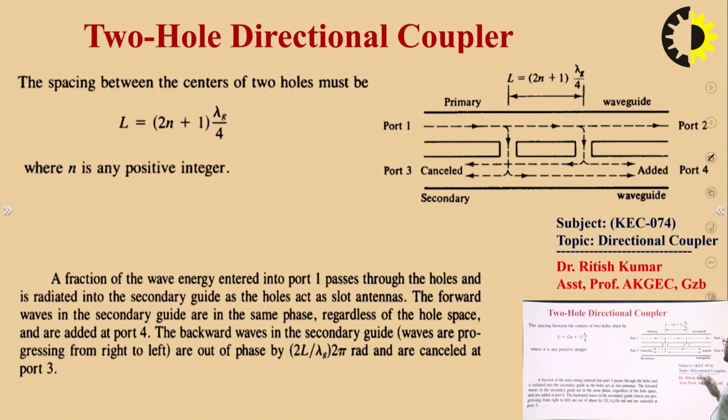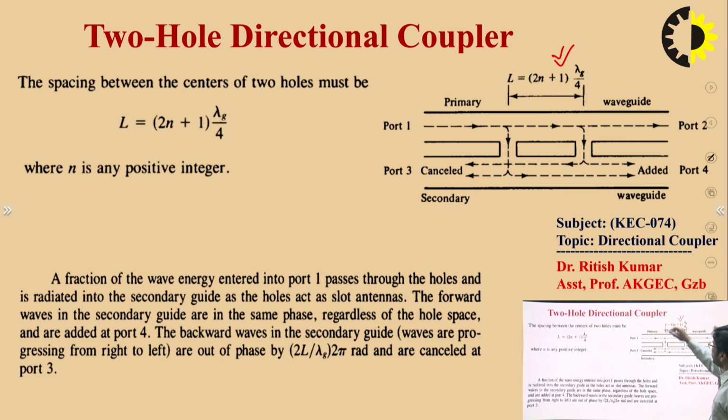So you can see this is a primary waveguide and this one is the secondary waveguide, and in between these two, two holes are given in the construction of the two-hole directional coupler. And we need to understand why we take this distance for a two-hole directional coupler.